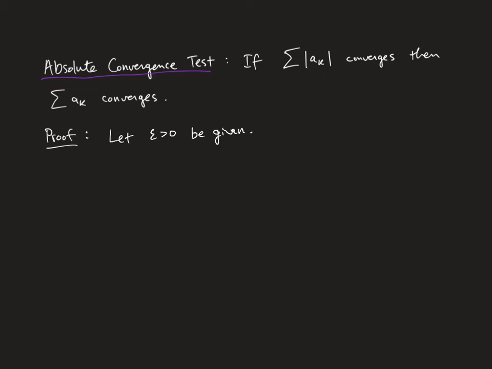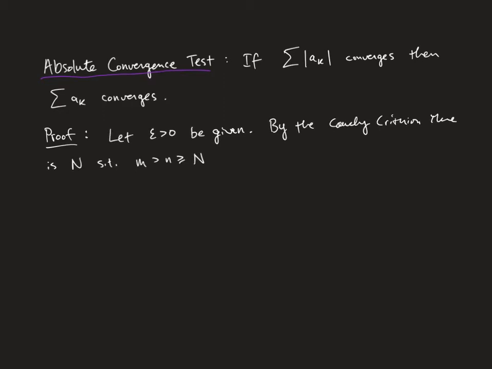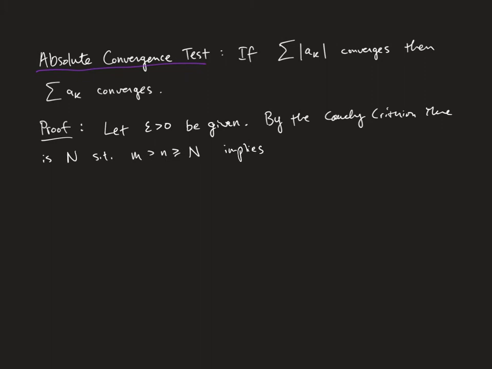Then there is an N, by the Cauchy criterion, such that when m is bigger than n, which is bigger than or equal to big N, that implies that the absolute value of all of these absolute values from n plus 1 to m, which of course is just equal to the sum of the absolute values, we don't need that one on the outside, is less than epsilon.